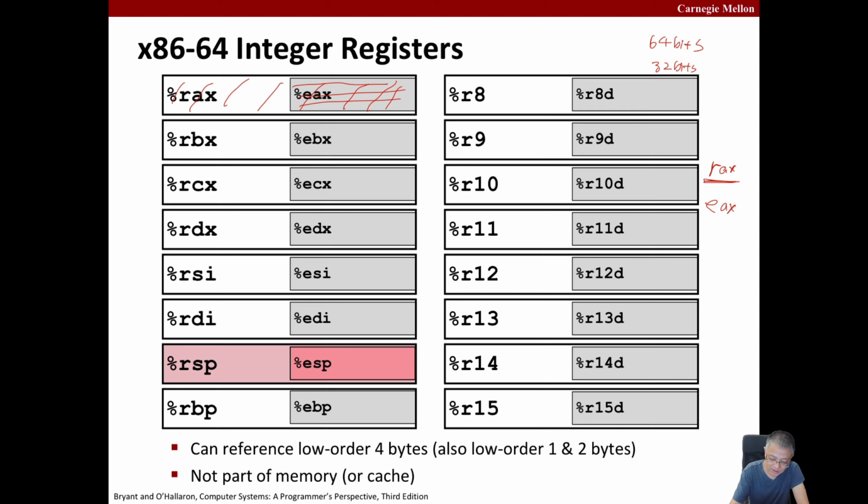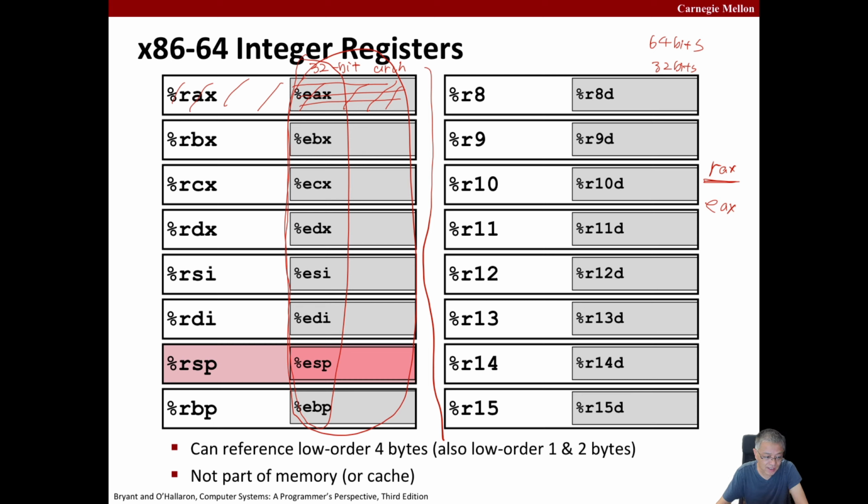If you look at this side, this side actually the same as the 32-bit architecture. Of course, for 32-bit architecture, you only have EAX, EDX, ECX, right? You don't have those part of the register. The 32-bit architecture contains those 8 registers.